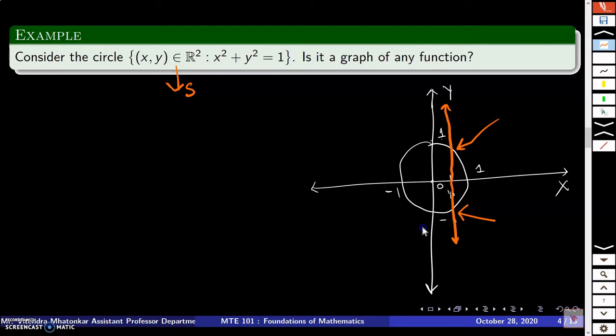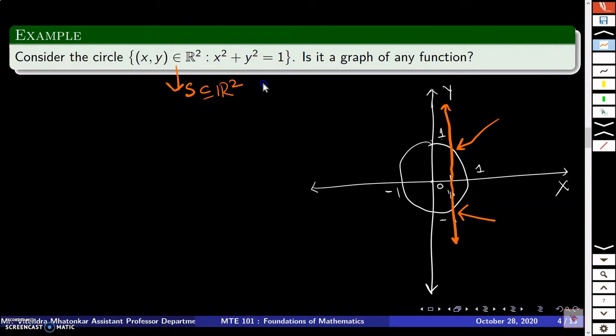That means the vertical line test does not hold for this particular subset of R2, because I have found a vertical line which touches this set at more than one point, namely one here and one here. So I cannot find any function whose graph will be this set.